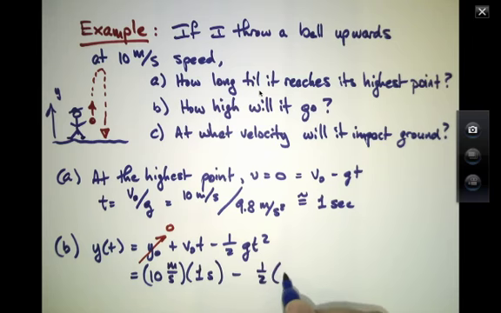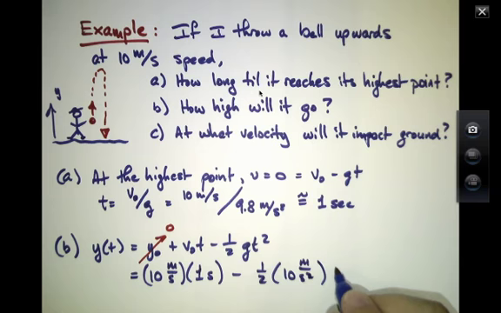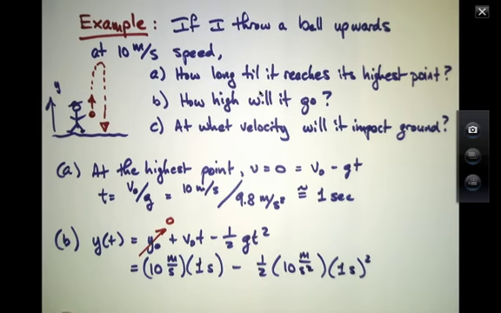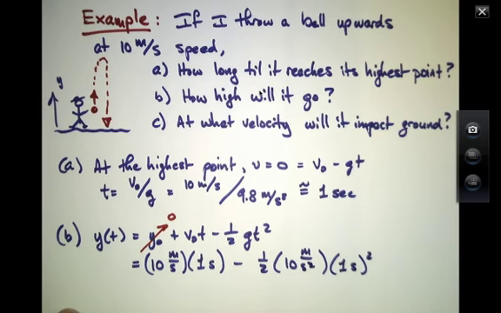We use g as approximately 10 meters per second squared. We'll put in 1 second squared here for the time t. This is approximately 10 minus 5. And this gives me that y is equal to 5 meters.